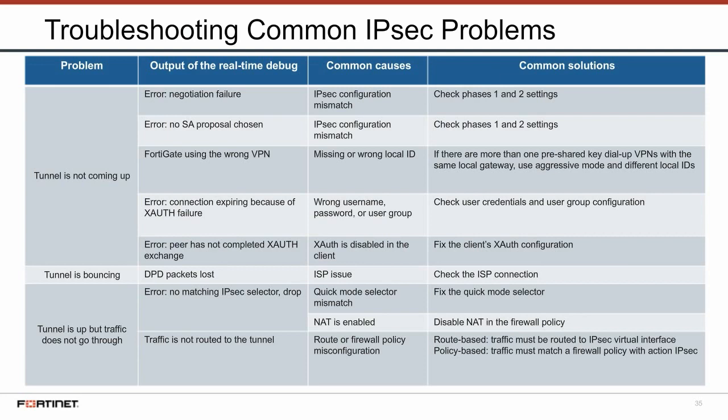This indicates that the problem might be on the ISP side. If the tunnel is up, but traffic does not go through, use the debug flow. It could indicate that packets are being dropped at either the local or remote gateway. Packets are not being routed properly. Packets do not match the quick mode selectors, so they are being dropped.